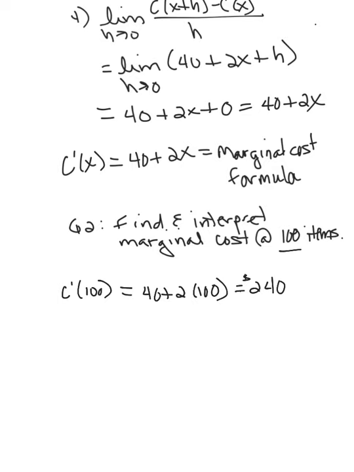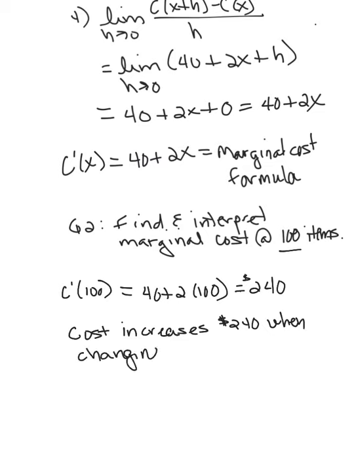So what we're going to say here is that cost increases $240 when changing from 100 to 101 items.